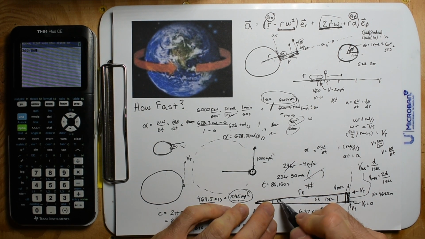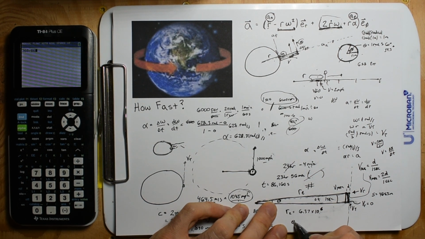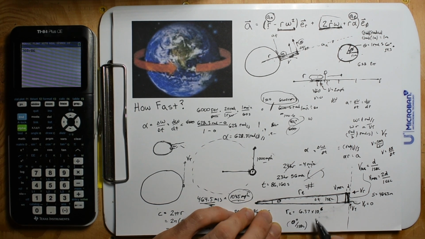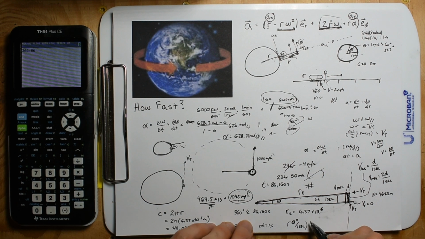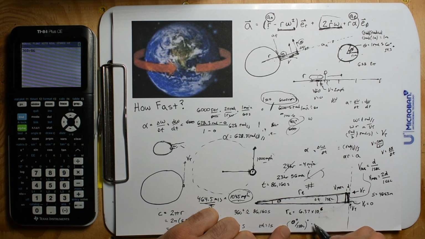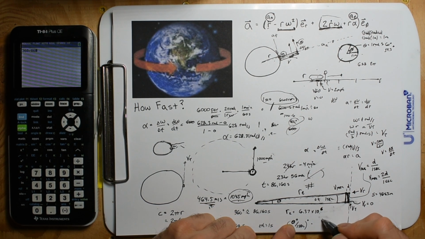Let's say I did find the angle in degrees. That's going to be degrees per 1 second, and that's kind of what we're trying to find. Once I get this, that's going to be degrees per second.